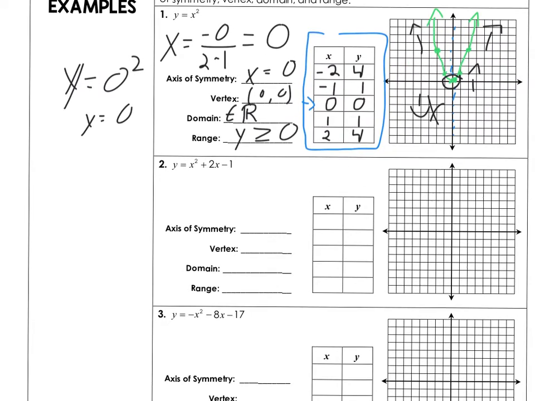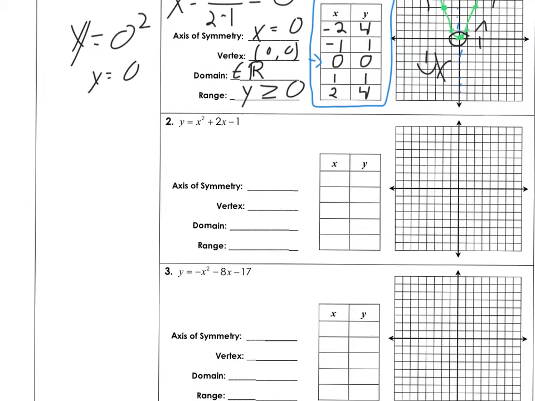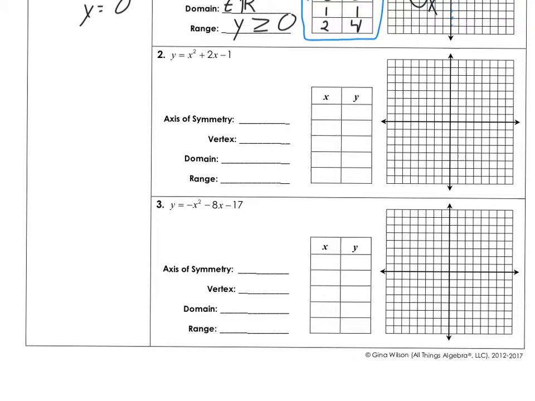So let's actually skip, I'm going to skip number 2, I'll let y'all do that on your own, and we'll look at number 3, okay? So for number 3, let's start by finding our axis of symmetry. So x equals negative negative 8, and it's already negative, so that's going to be positive 8 over 2 times negative 1, okay?